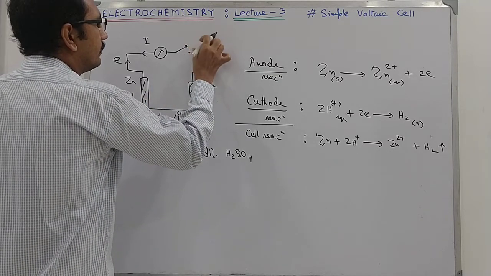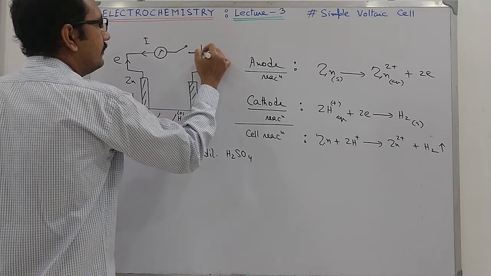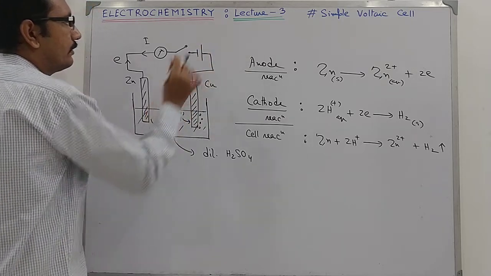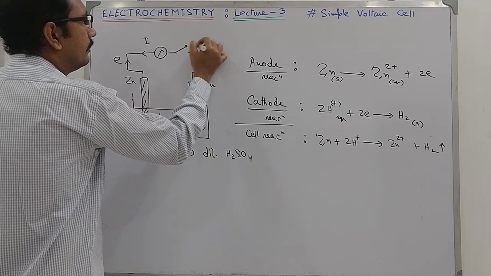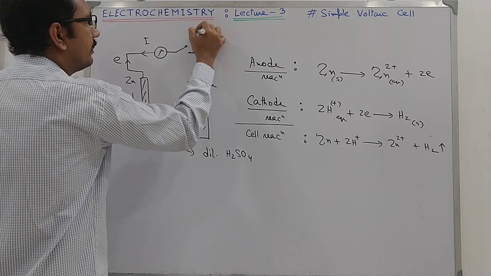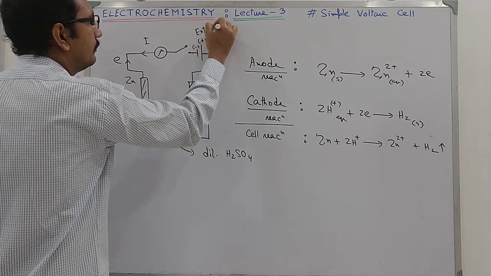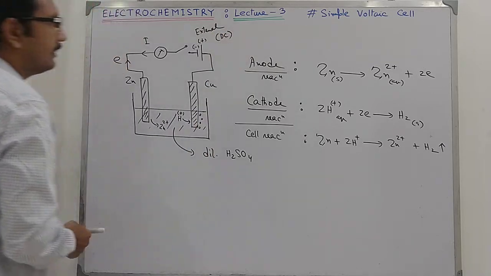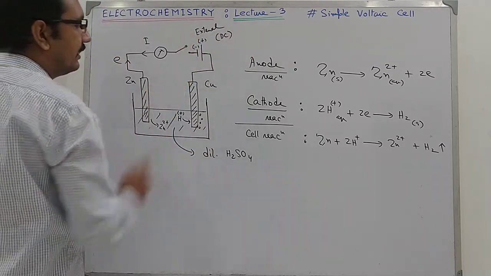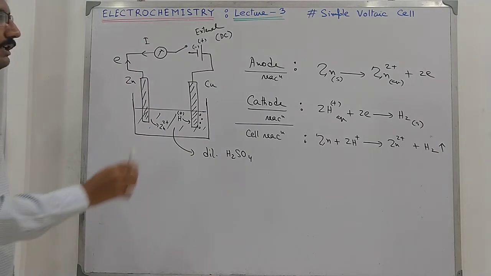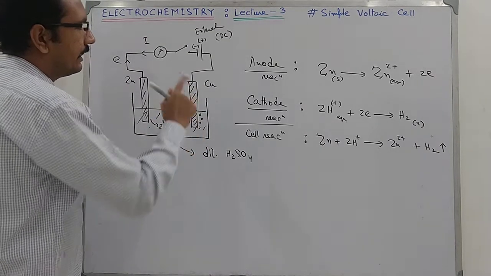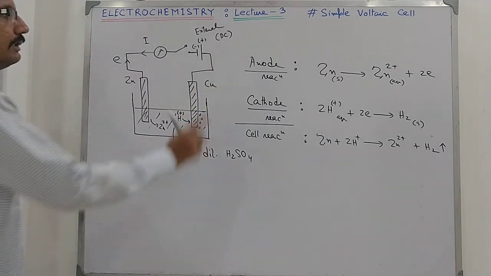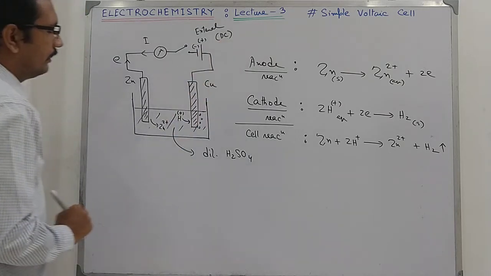So we are connecting it to an external DC, direct current source. So this is an external power source. It is direct current. So we have to connect it to another galvanic cell or a battery, or we may have a converter and connect it to the alternating current so that it gets converted to DC.